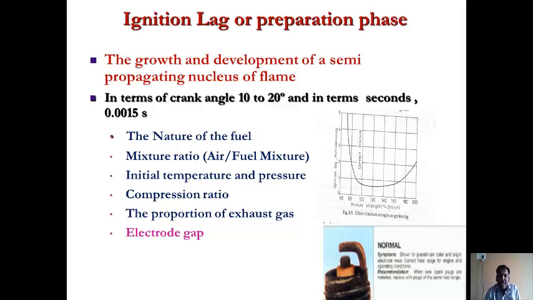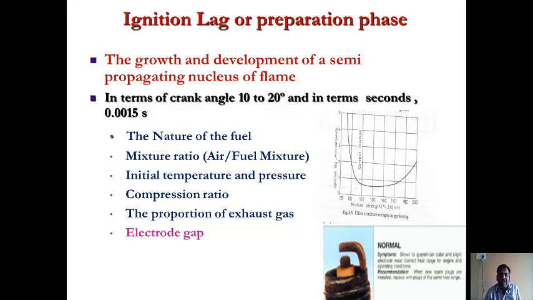This ignition lag period depends upon a number of parameters. Here I listed some important parameters. The first one is the nature of the fuel. The ignition lag period for a particular engine mainly depends upon the nature of the fuel. Nature of the fuel means the ignition temperature.